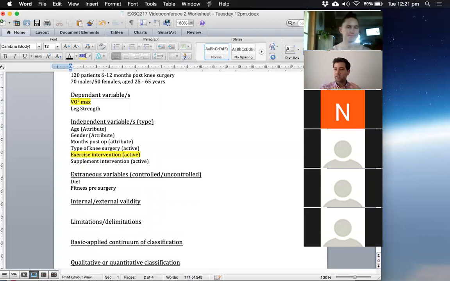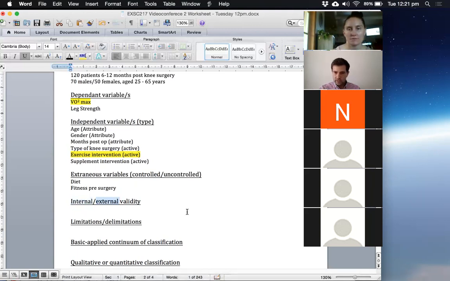Now, when we have our extraneous variables, we have to make decisions as researchers whether we're controlling for those or not. And the more we control for those, the more we are improving our internal validity, but we're lessening our external validity.